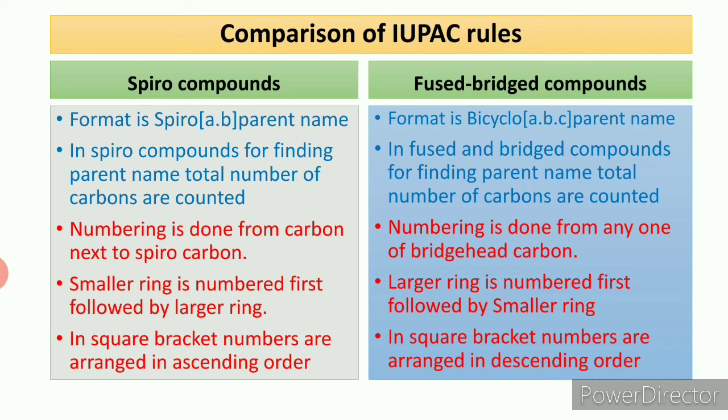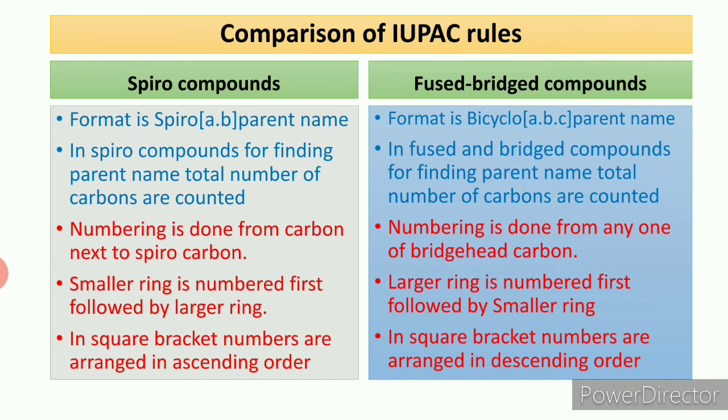In spiro compounds, numbering is done from the carbon next to the spiro carbon, whereas in fused and bridge compounds, numbering is done from any one of the bridgehead carbons. In spiro compounds, the smaller ring is numbered first, followed by the larger ring. It is exactly opposite in fused and bridge compounds.